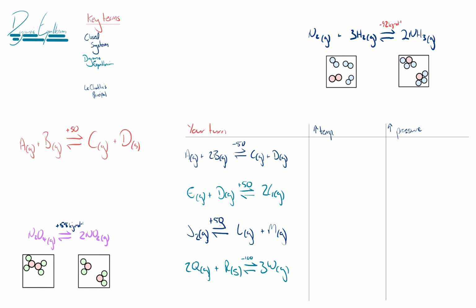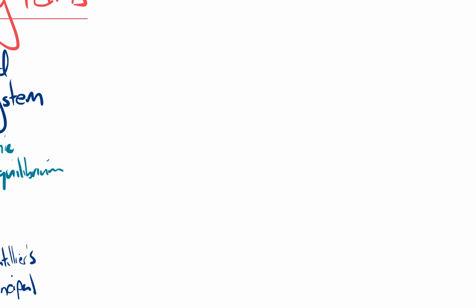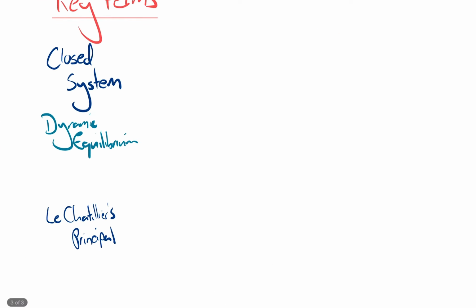Let's get into it. So first thing, we need these key terms. So first of all, a closed system. It's a system where nothing can enter or leave.